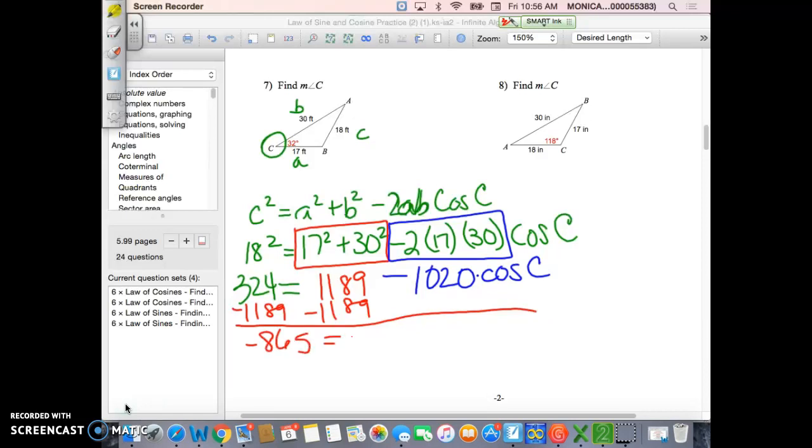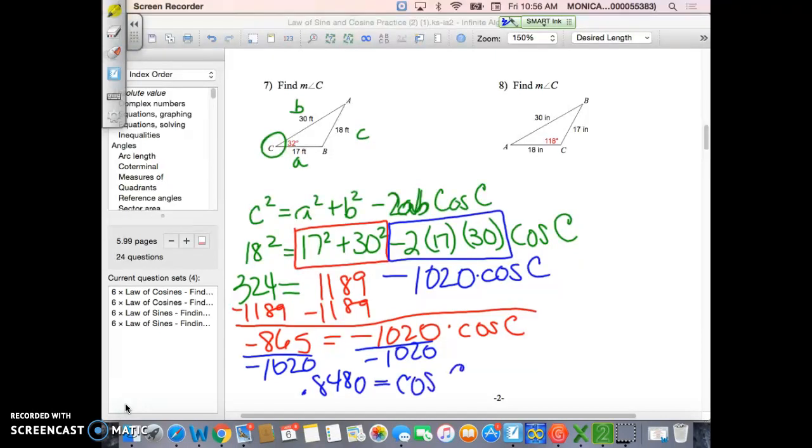And this equals negative 1020 times the cosine of C. Now to get rid of the 1020, I'm going to do a simple division problem here. Divide by negative 1020, and here's where the negative is going to go away. So I've got negative 865 divided by negative 1020, and that equals 0.8480.